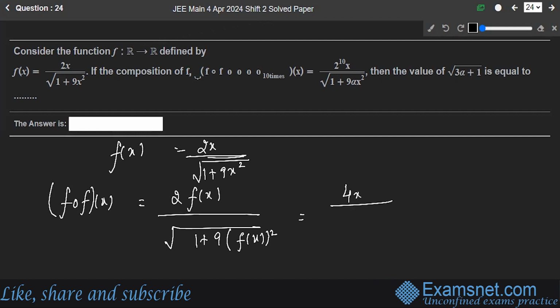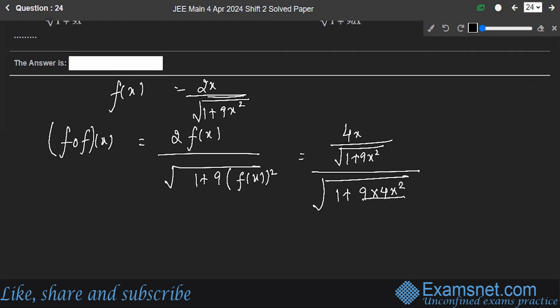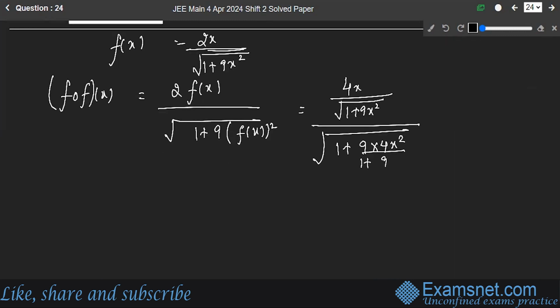So this is equal to 4x upon root of 1 plus 9x square, divided by root of 1 plus 9 into 4x square upon 1 plus 9x square.